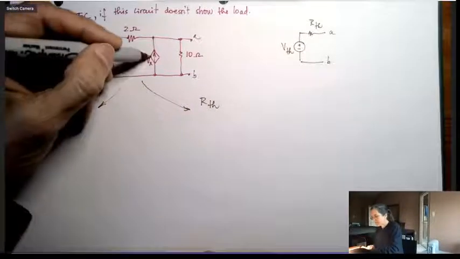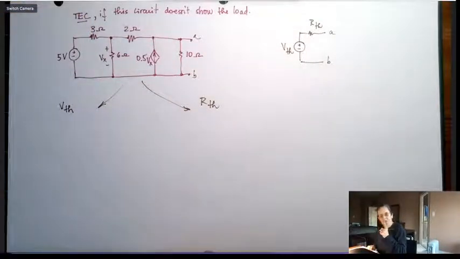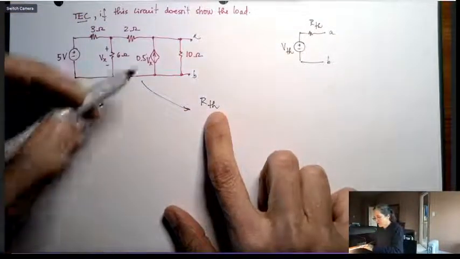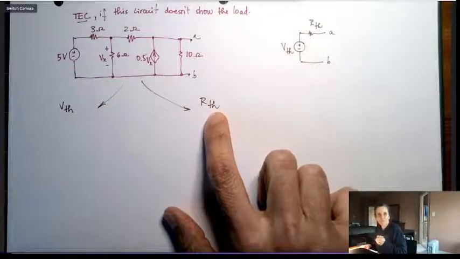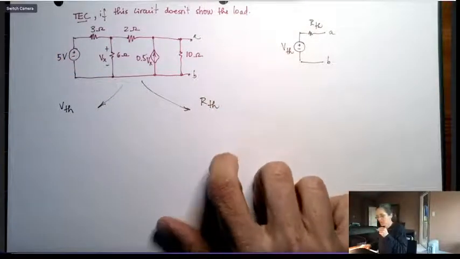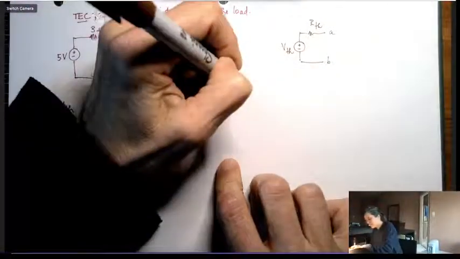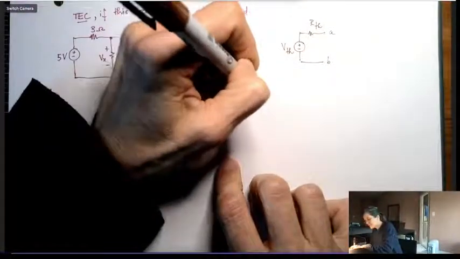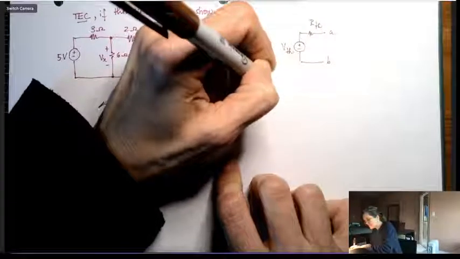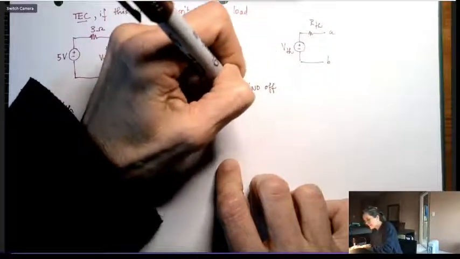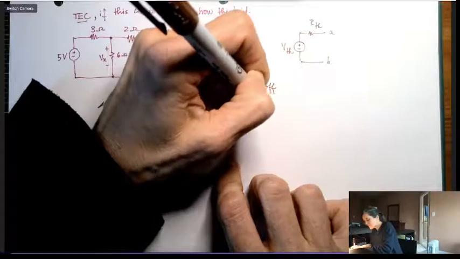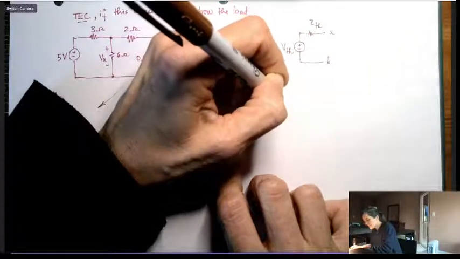And because this is a dependent source, we cannot just turn it off to find the resistance, as we would do with simpler circuits. So for the Thevenin resistance, we turn independent sources off and add a test source. And he does that too.